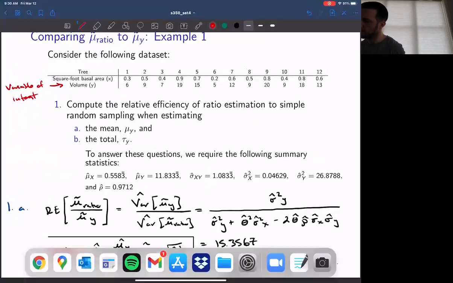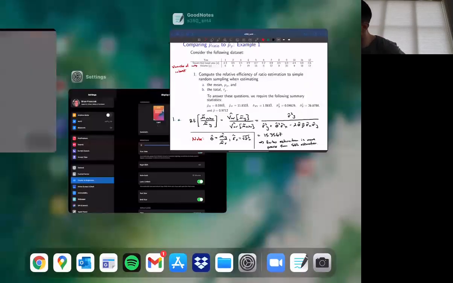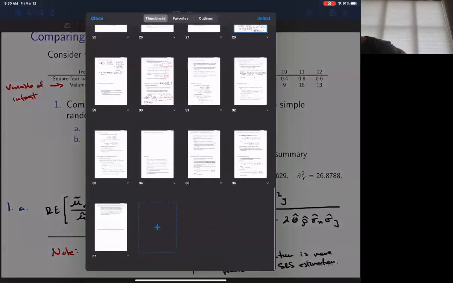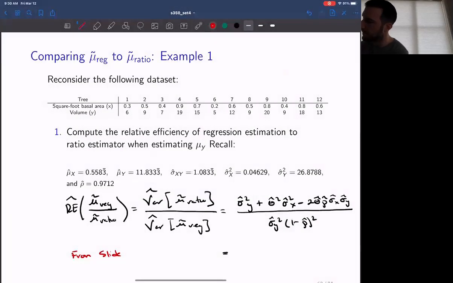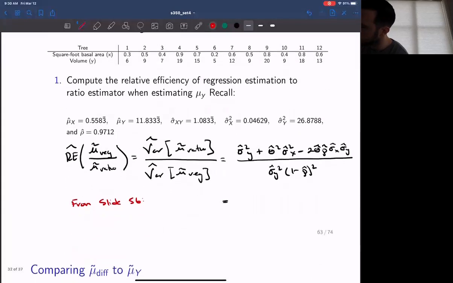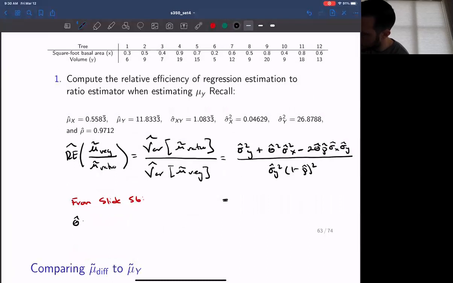So from slide 56, we have that theta hat is equal to mu hat y divided by mu hat x, which is equal to 21.194. Okay, and then we have everything else that we need for this calculation.